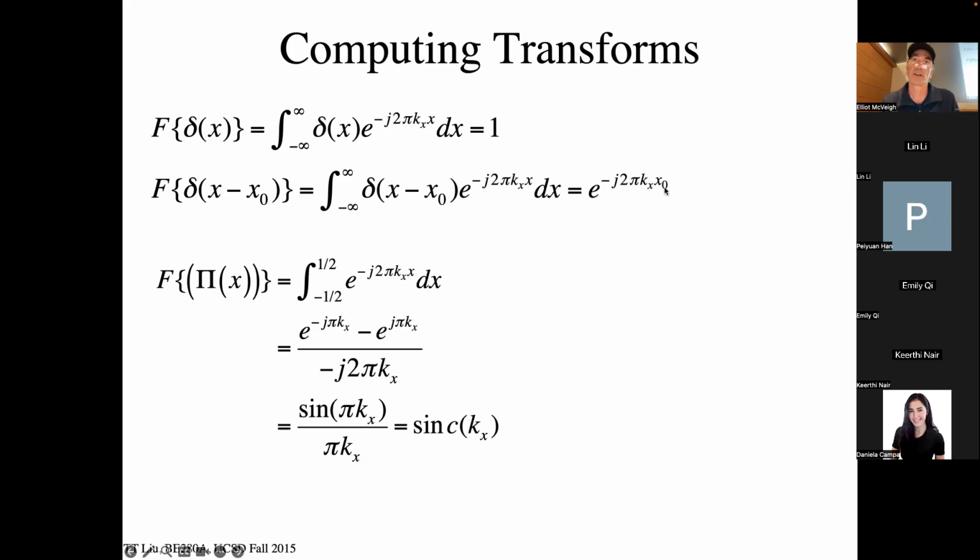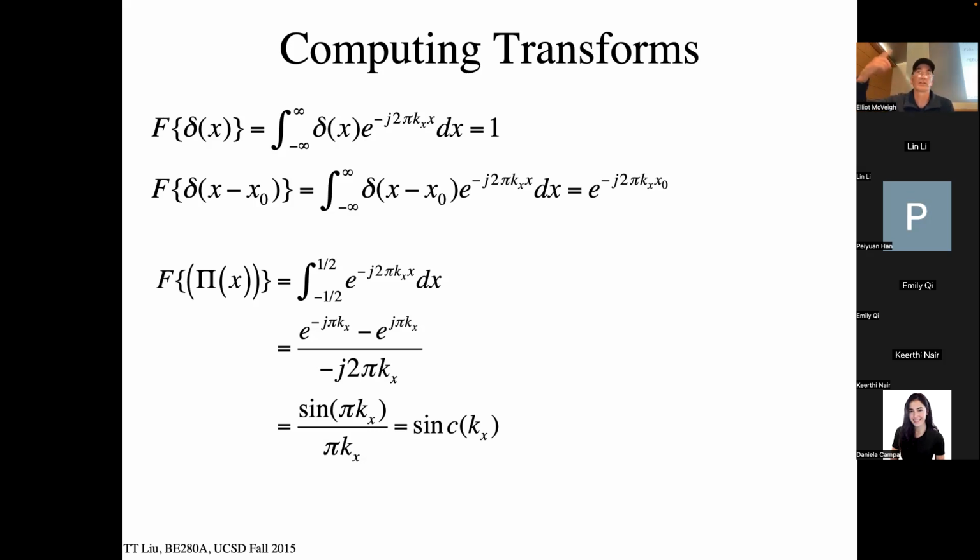It's kx times x naught, because this becomes non-zero at x equals x naught, so it sifts this out. So as kx changes, depending on x naught, I will have different values of this function. And so this thing is a cycloid, basically.